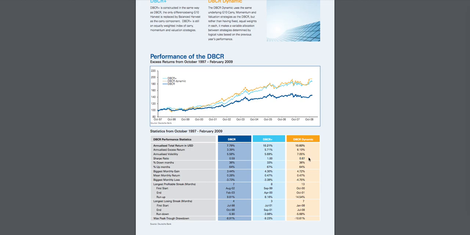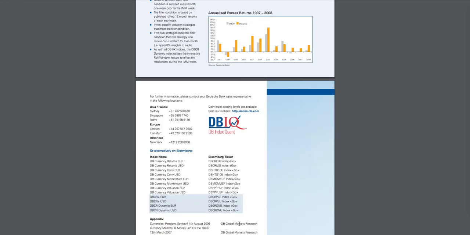I could assume it would be much better. Now, that's just what I'm assuming, but that's based on the observation that the DBCR was doubled in its return, risk-adjusted return, just by applying the filter. And returns on DBCR Dynamic, which has active weightings, was increased dramatically as well.